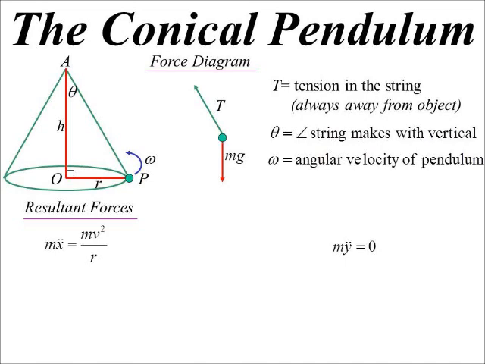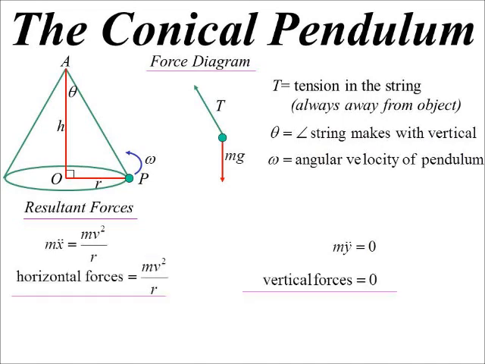Now that might change. If I speed it up, what happens to the helicopter? Yeah, it lifts. So the radius becomes bigger and the helicopter goes higher. So all my horizontal forces will equal mv squared on r, and all my vertical forces will equal 0.